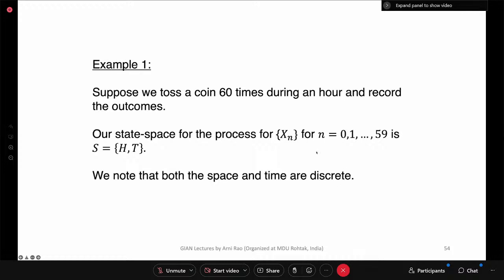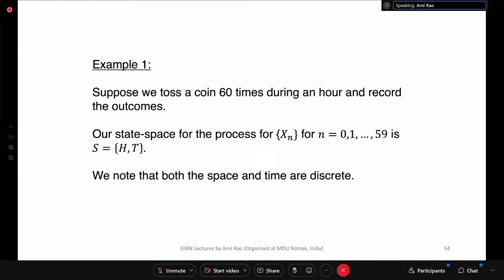Here I intentionally showed it as 0 to 59, or you can show 1 to 60, either way is the same. Here the state space is also discrete, and the time is also discrete. So, discrete time. Now once we understand the state and the state space, the random variables are taking values which are discrete, that is head and tail.